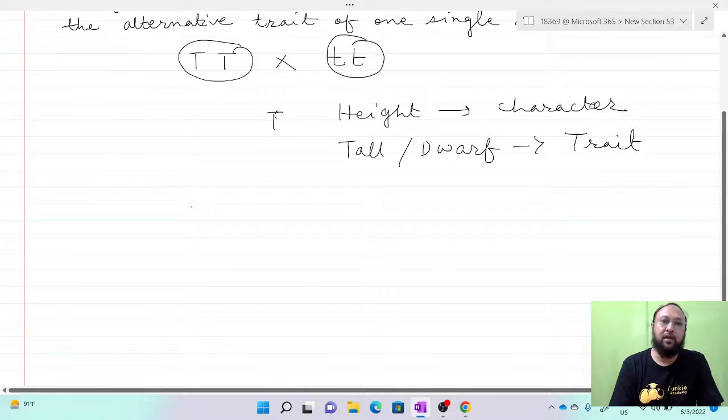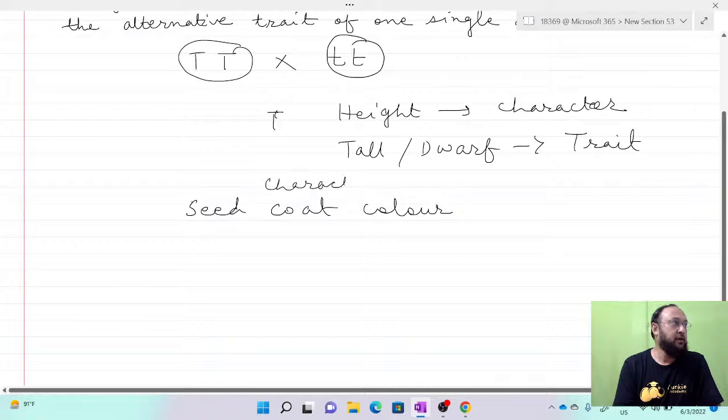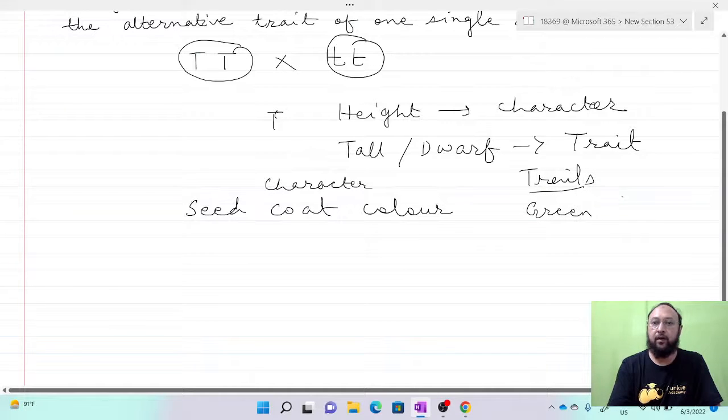For example, seed coat color, with traits green or yellow, and seed shape, where we take wrinkled or smooth.